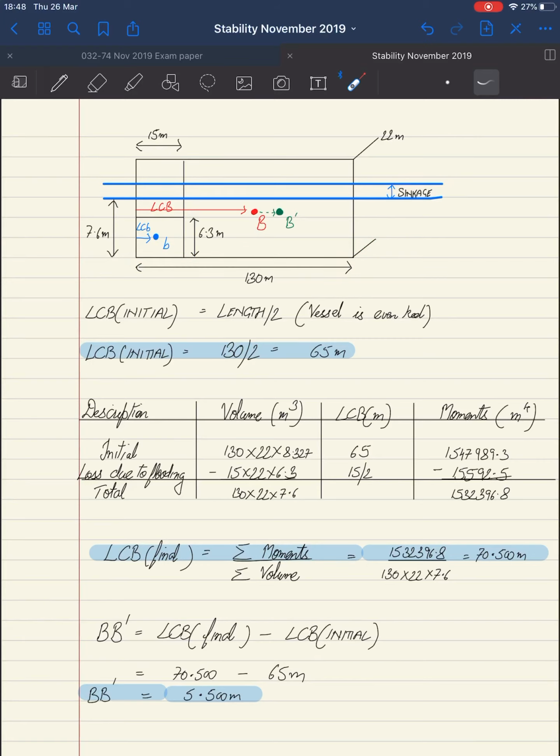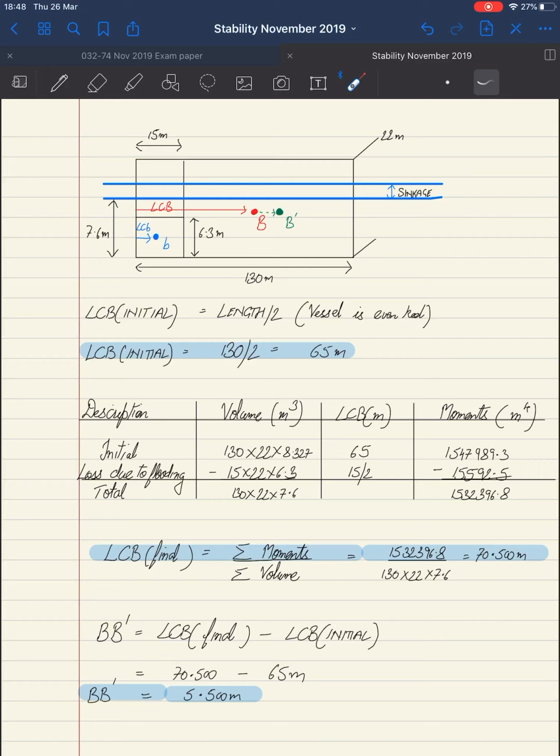Be careful on this aspect. This always needs to be the bilged draft. I know my initial longitudinal center of buoyancy, which is 65 meters, and the moments. Moments is obtained by volume times longitudinal center of buoyancy.